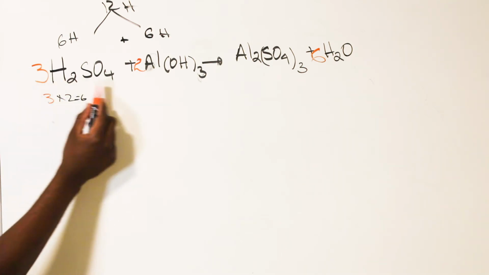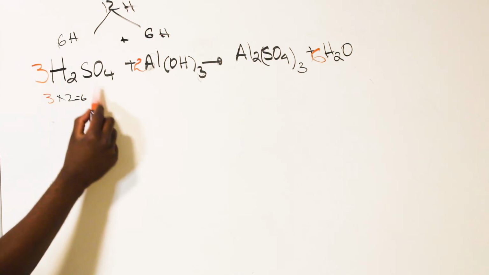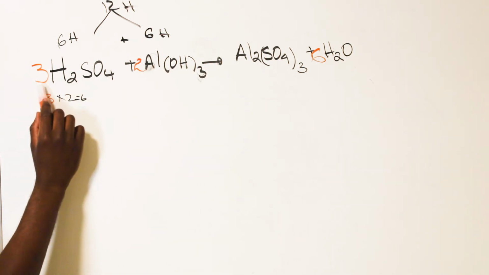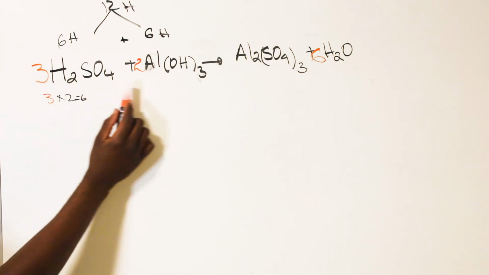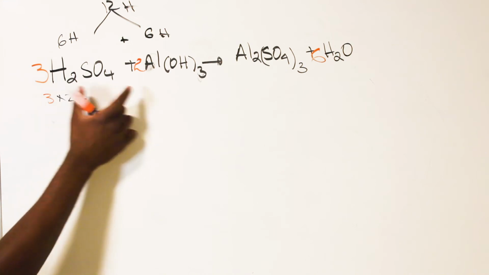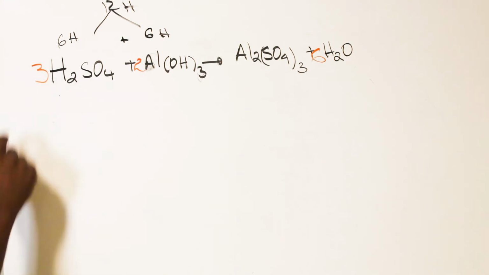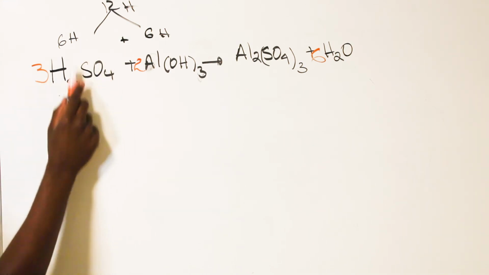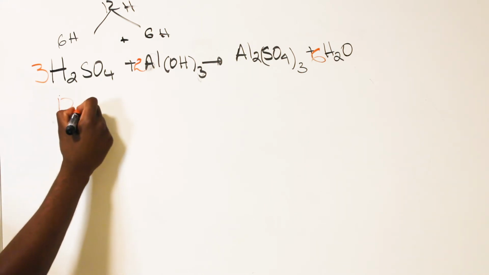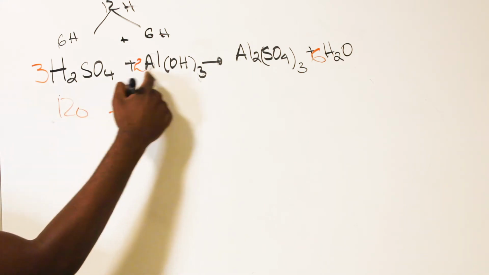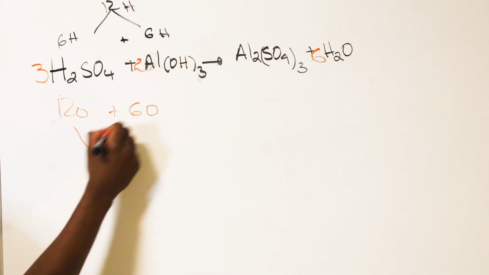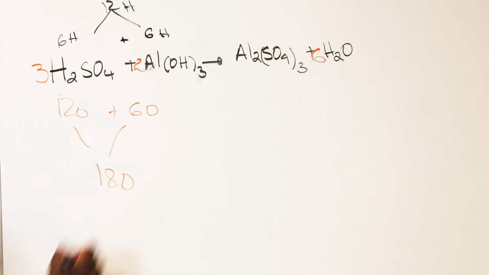We have 3 times 4, which is 12 oxygen, and we have 2 times 3, which is 6 oxygen. So 12 plus 6 gives 18 oxygen. This is 3 times 4, 12 O's, plus 2 times 3 is 6. So this gives me 18.